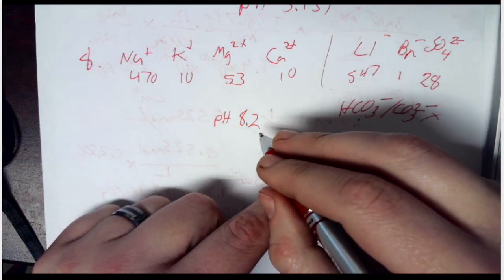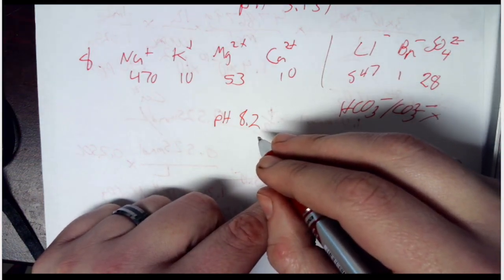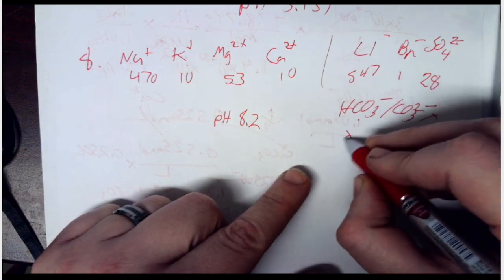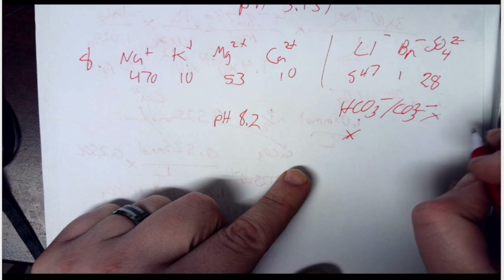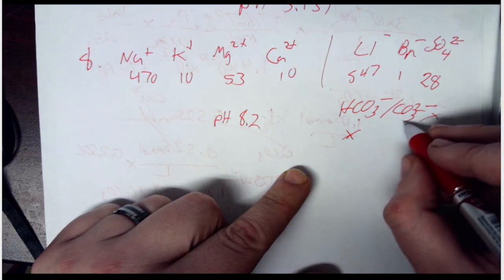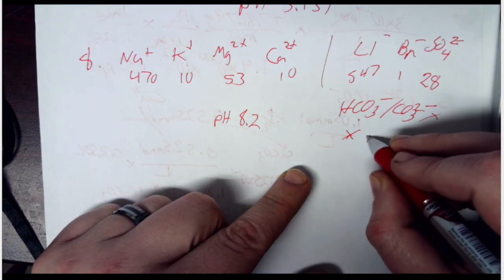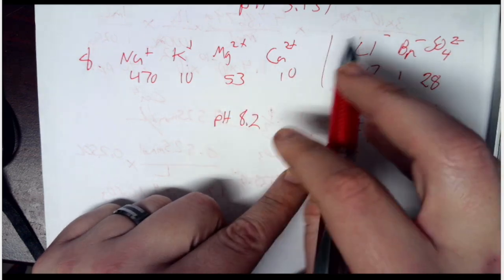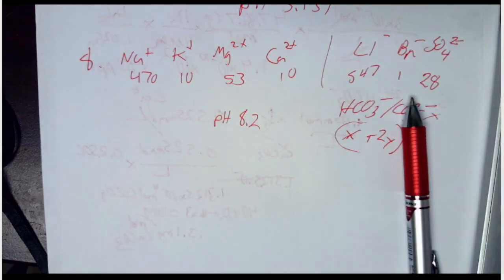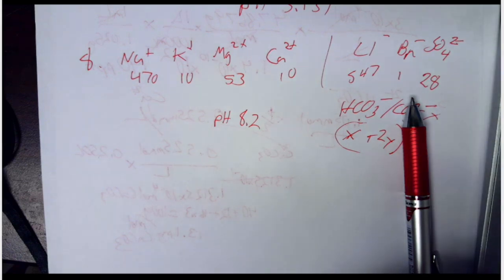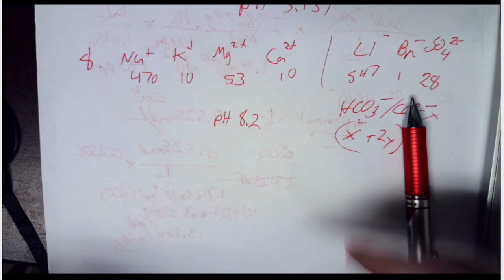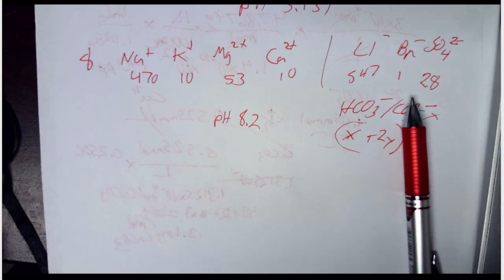Now the problem here is we have X of this, which is one charge, and Y of this, which is two charges, 2Y. And these are going to balance. Now, with a pH of 8.2, this is not really going to be of significant values, especially considering these are millimoles.